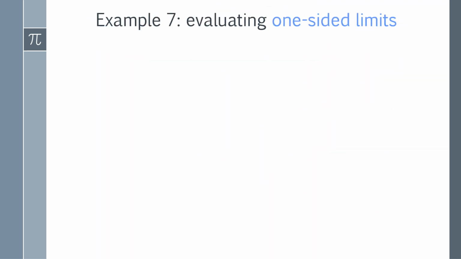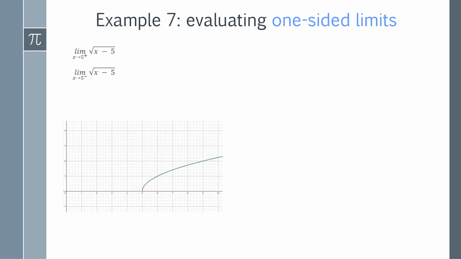Let's take a look at some problems where we're evaluating one-sided limits by looking at graphs of functions. First, we have the square root of x minus 5. That's our function that we're going to review. And we would like to compute both left and right limits as x goes to 5.